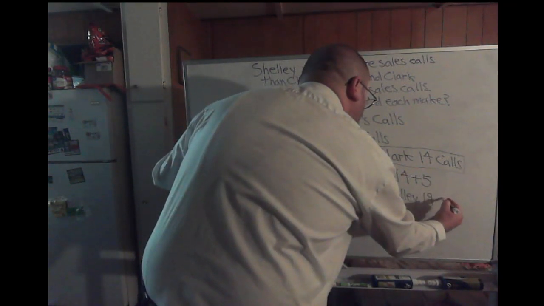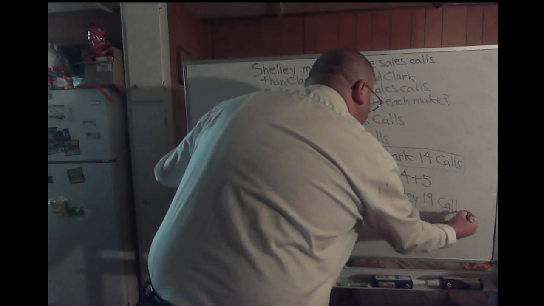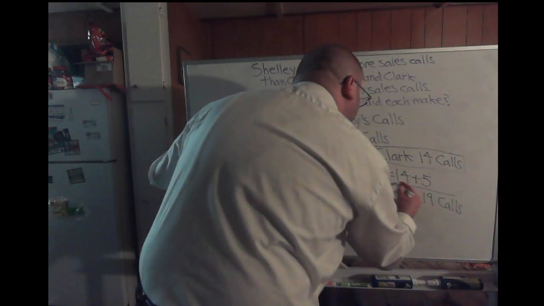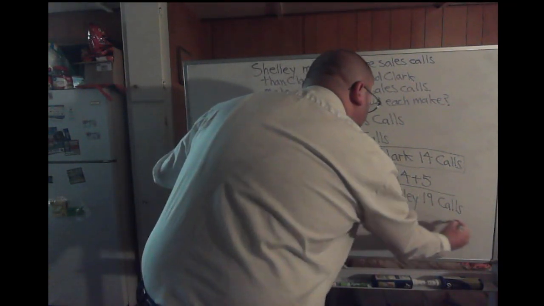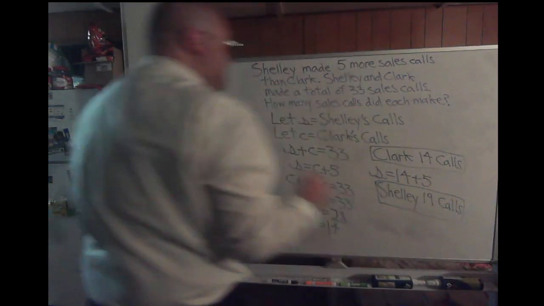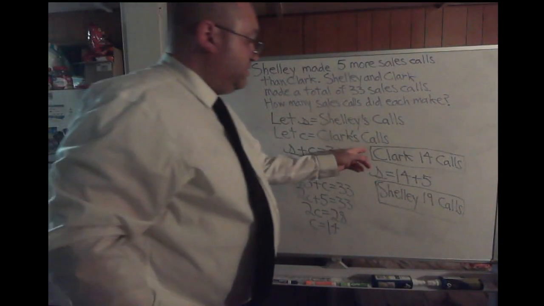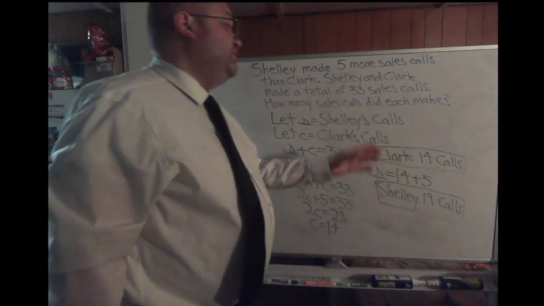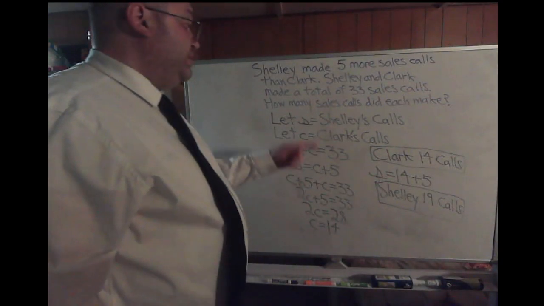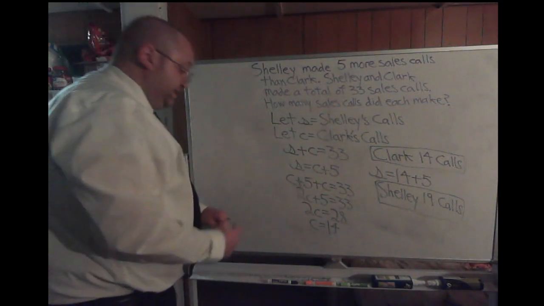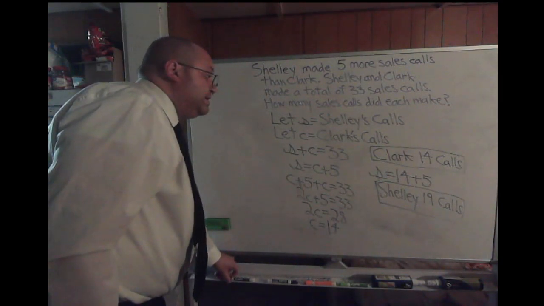So that means Shelley made 19 calls. So Clark made 14 calls, Shelley made 19 calls, and if you add 14 and 19 together, you'll get 33 calls. That's exactly what you would get.